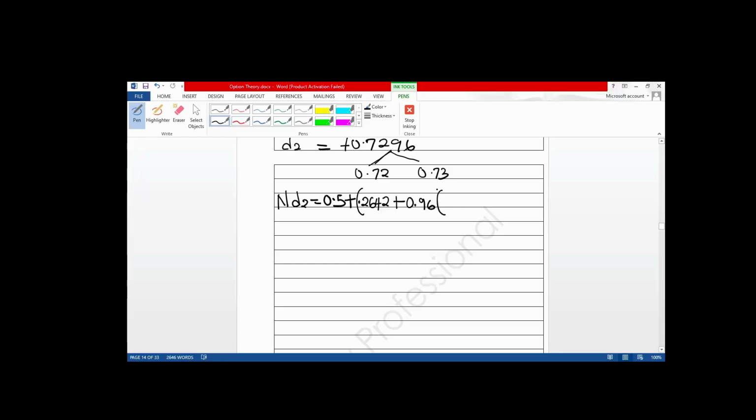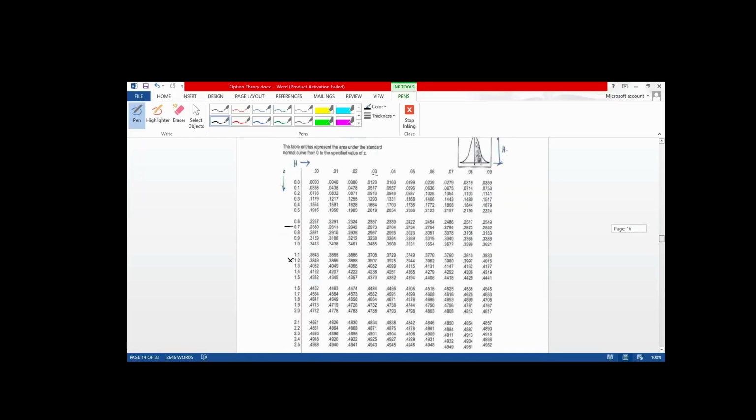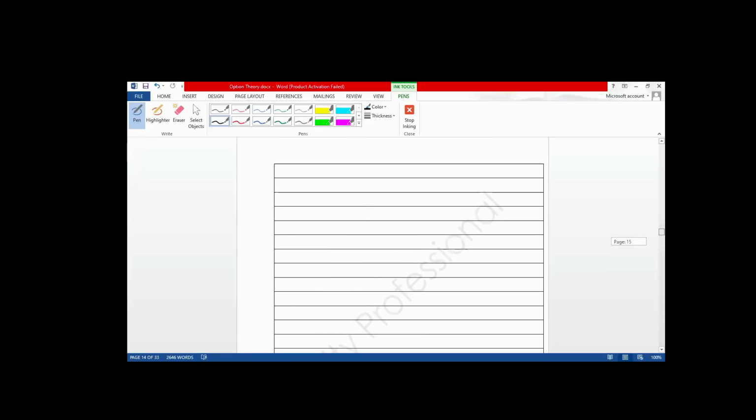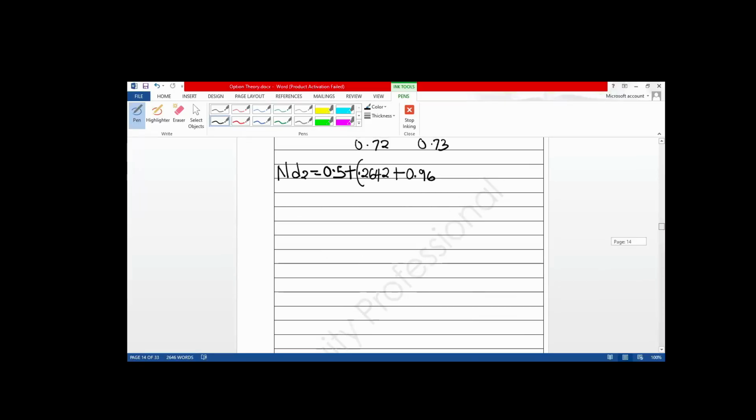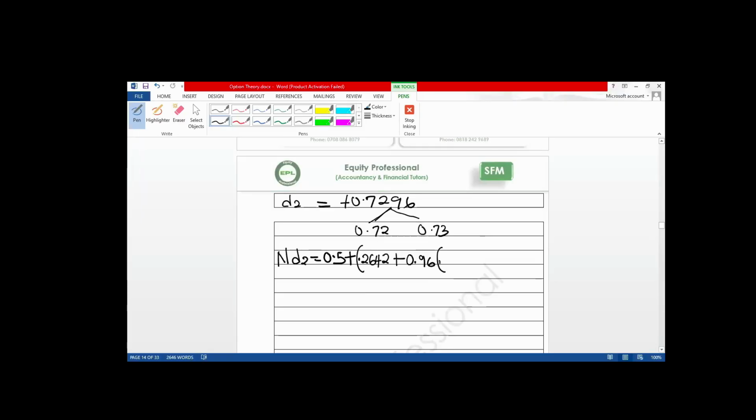Now go check 0.7. Trace to 3. If I trace to 3, 0.2673, then minus the figure you get at the initial place, 0.2642.